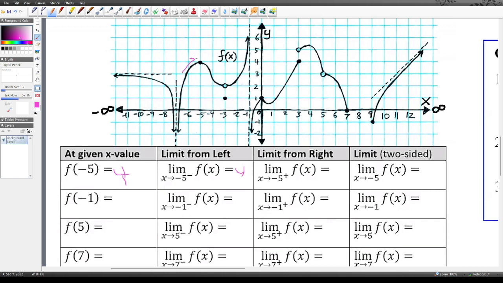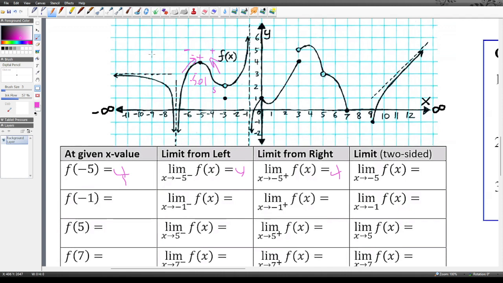Since we're approaching from the negative or left side, and from the positive side, it's going from negative 0.1, negative 0.01, and it's getting closer and closer to 4. Likewise, it's coming from 4.9999, and it's going to get closer and closer to negative 4.